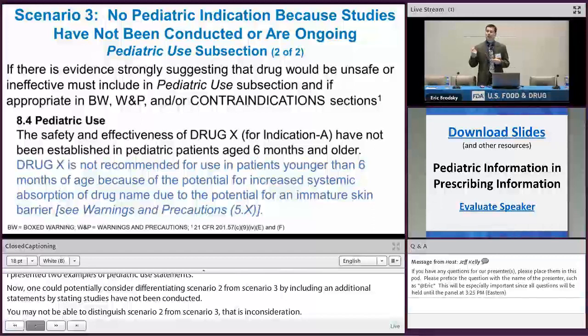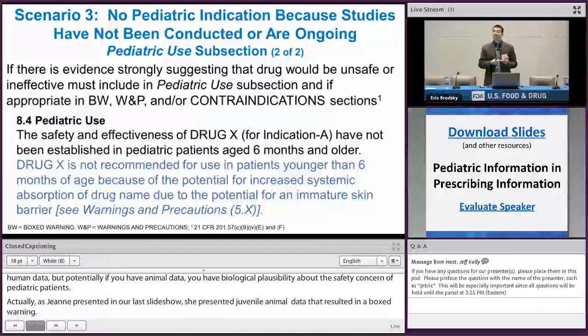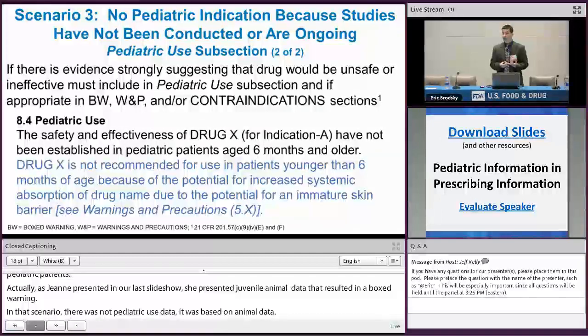And actually, as Jeannie presented in our last slide, she presented a situation with juvenile animal data that resulted in a box warning. So in that scenario, there wasn't pediatric use data; it was based upon animal data. So in this case, one must include it, if it's appropriate, in the sections we discussed: box warning, warnings and precautions, and/or contraindication.